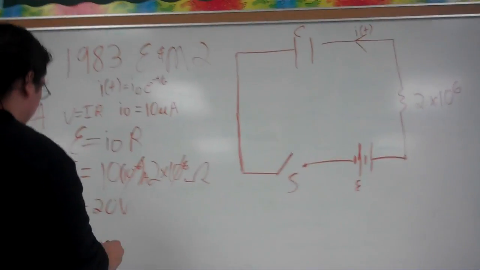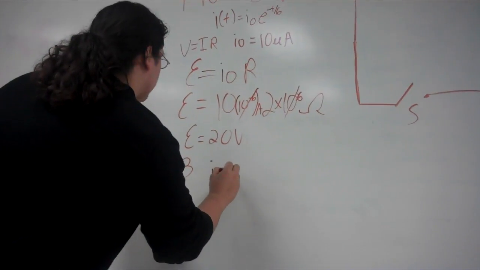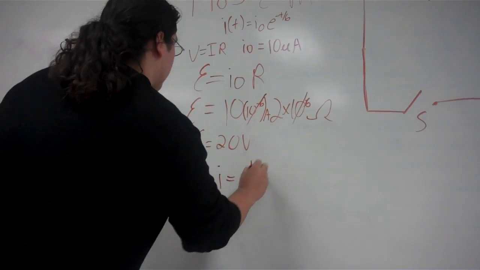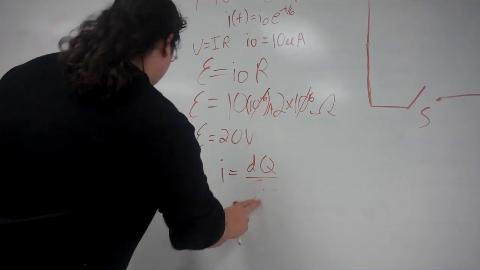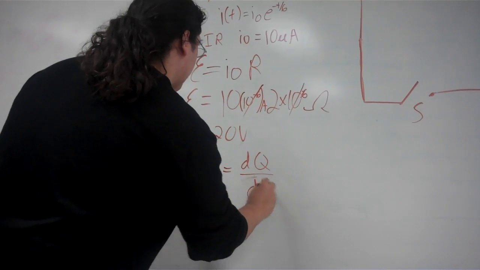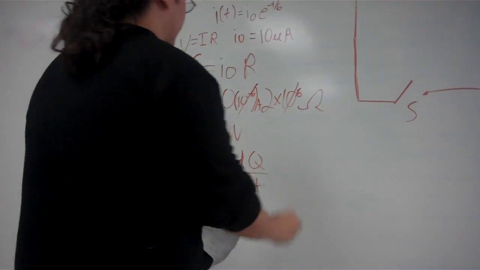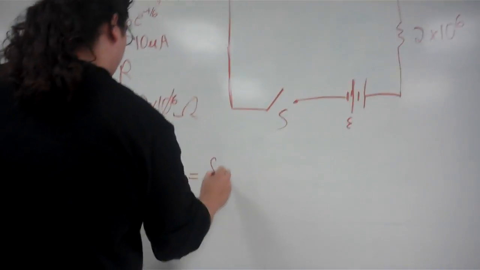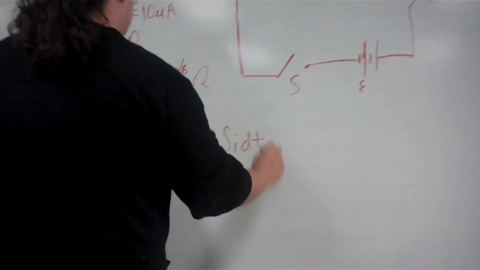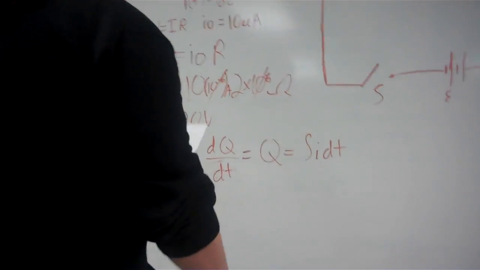So we can use this equation. I equals, or the current is equal to dq over dt. And when you move it around, you can get that q is equal to the integral of I dt. I will be a constant.